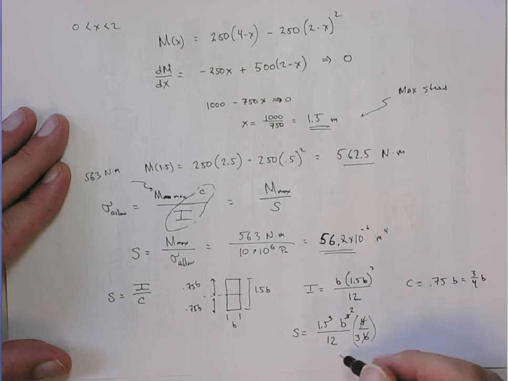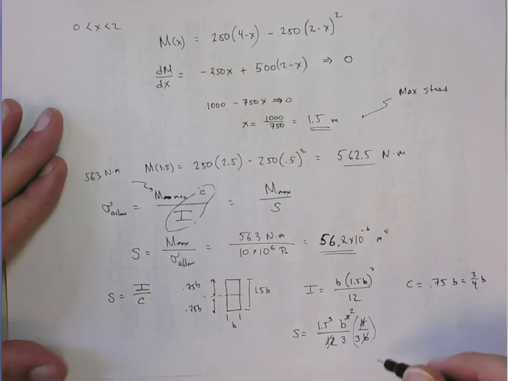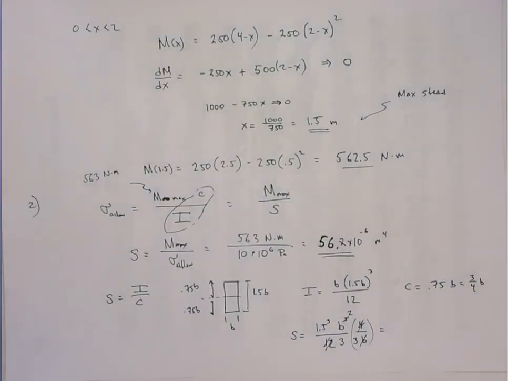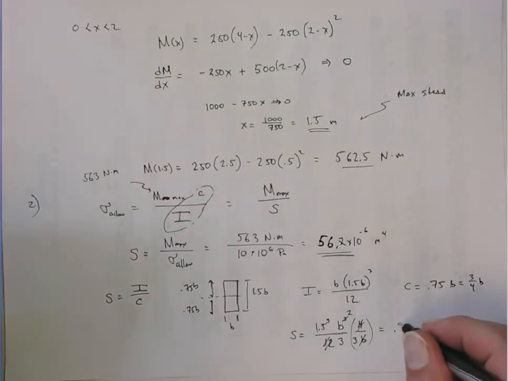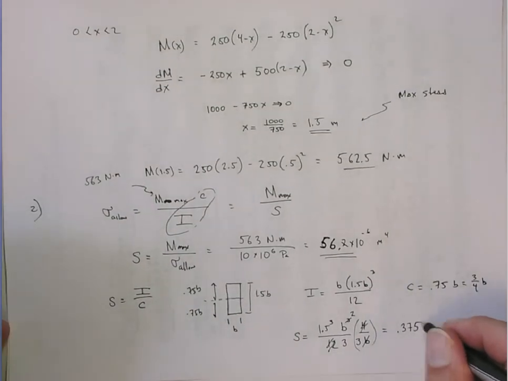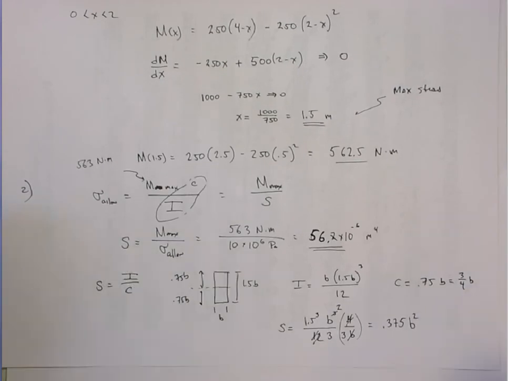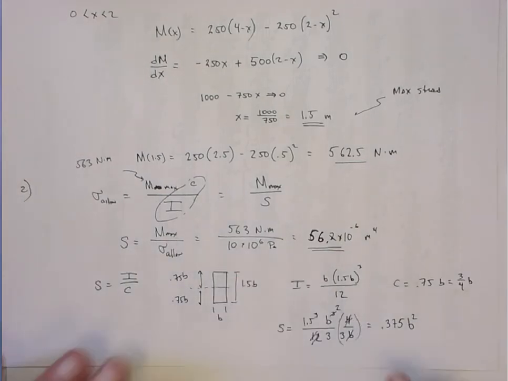This 4 will drop with this guy and make that a 3. And now let's put a number in here because 1.5 cubed is annoying. So this gives me 0.375 or 3/16 B squared. All right? So since we're stuck with this section, S is 0.375 B squared.